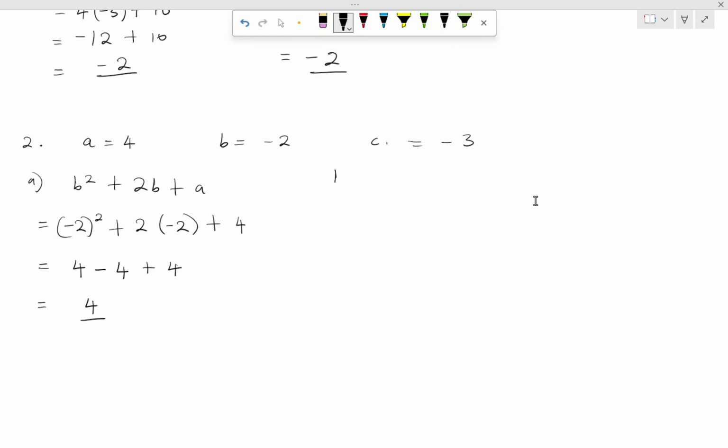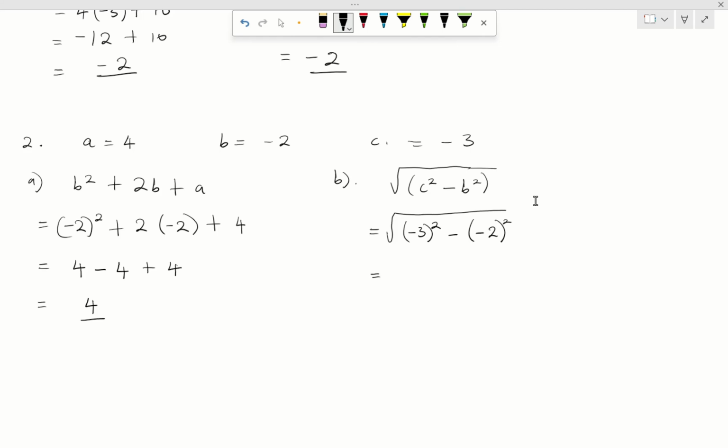And then let's do part B. Part B, we have square root of c squared minus b squared. So our square root, for now, we're not doing anything to it. C squared is negative 3 squared, minus b squared is negative 2 squared.